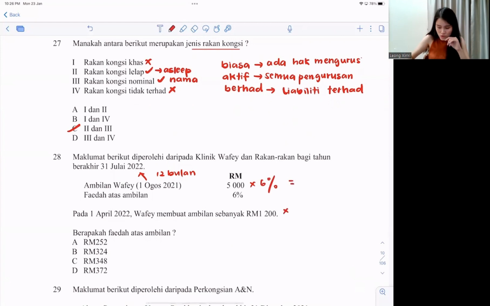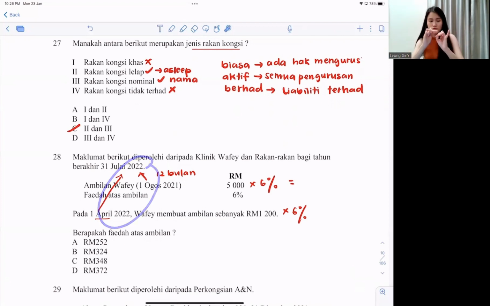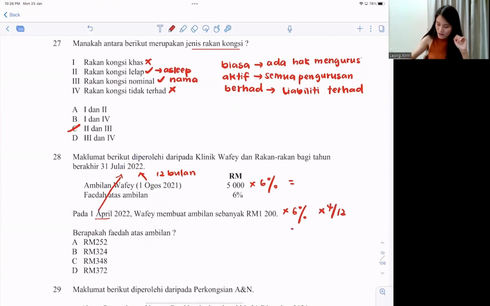Then 1,200 also will have 6%, but you don't charge them entirely because they only do it on April. So if April you count until July, April, May, June, July in the same year, so it's 1, 2, 3, 4. 4 months out of 12. Okay, so once you've gotten these two, you add them together, that will be the faedah atas ambilan.